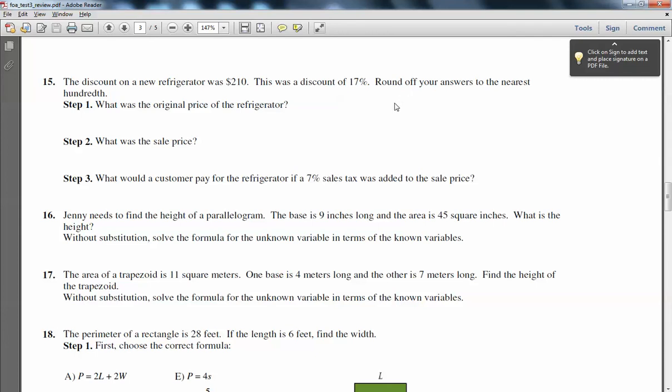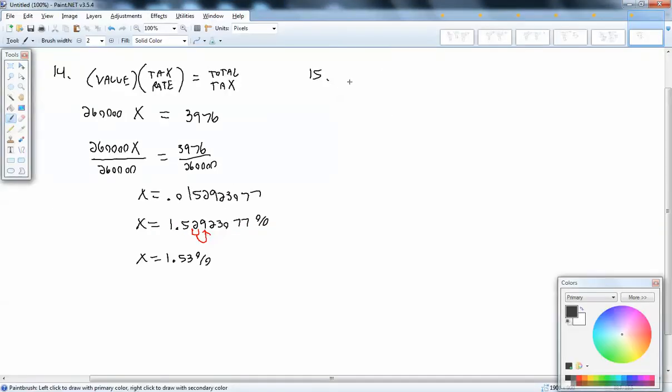Now, the typical setup on this would be your original price minus, since we're discounting it, the original price times the discount rate. And this is going to give me my sale price. I'll put SP for sale price.